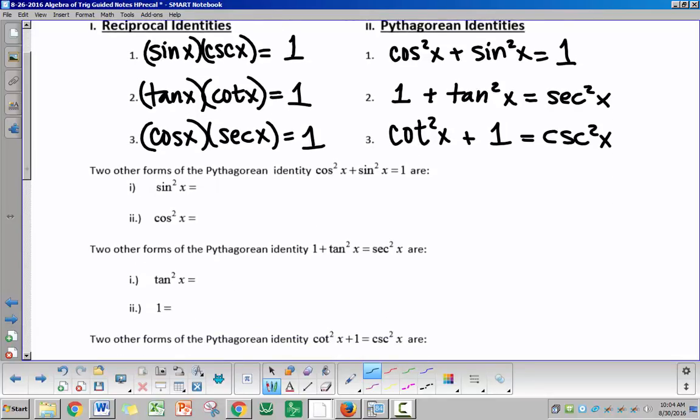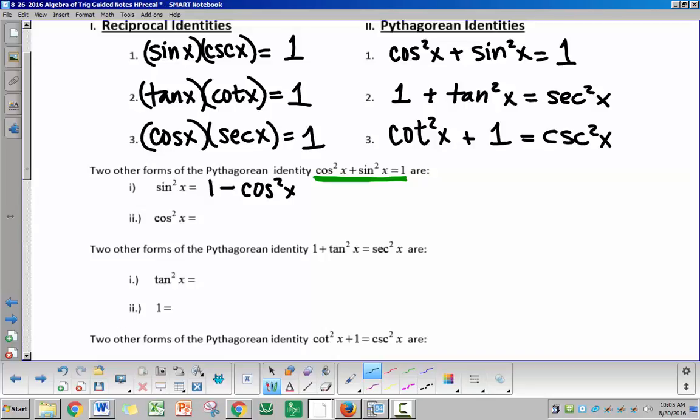Now, there are some corollaries, I call them, from the Pythagorean identities that we can derive. So let's say I take the big one here, this cosine squared x plus sine squared x equals 1, and I want to figure out what sine squared x equals. What could I do to this equation? That's right, so it's going to be sine squared x equals 1 minus cosine squared x.